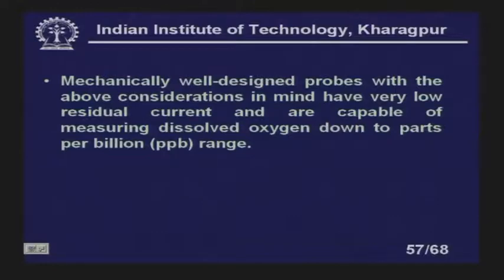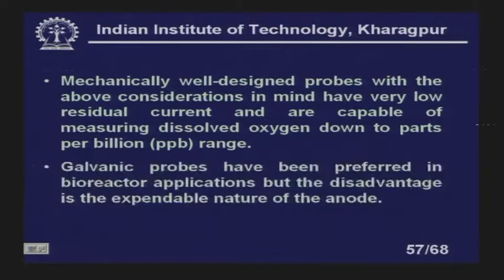Mechanically well designed probes with the above consideration in mind have very low residual current and are capable of measuring dissolved oxygen down to parts per billion, which is called ppb. Instead of parts per million, we are calling it the parts per billion range.